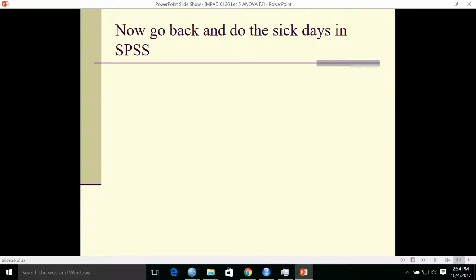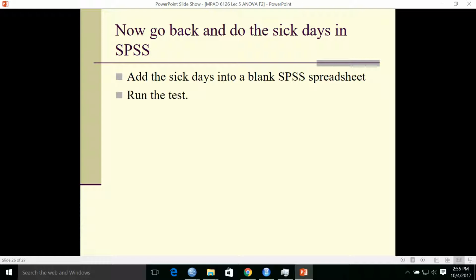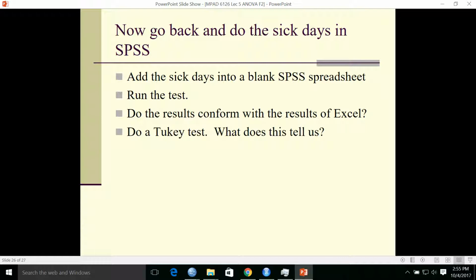Okay. One final thing. Go back and do the sick days in SPSS. I'm going to let you do this on your own. Add the sick days into a blank SPSS spreadsheet.